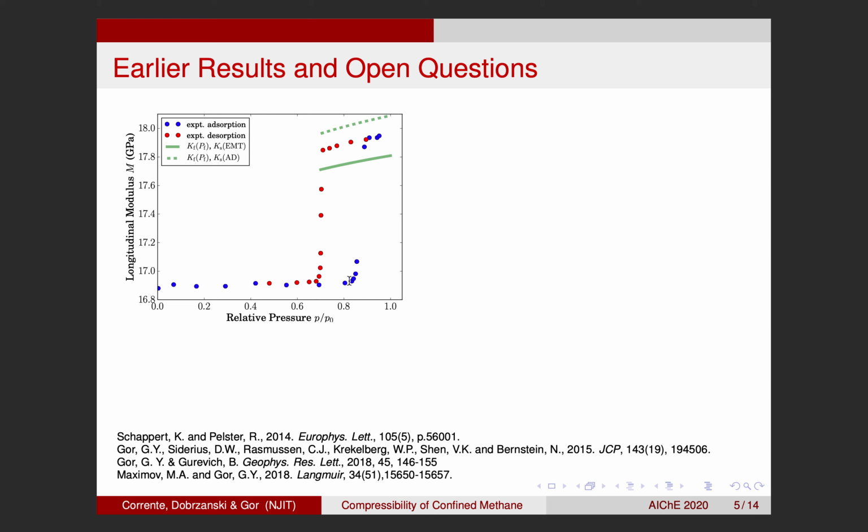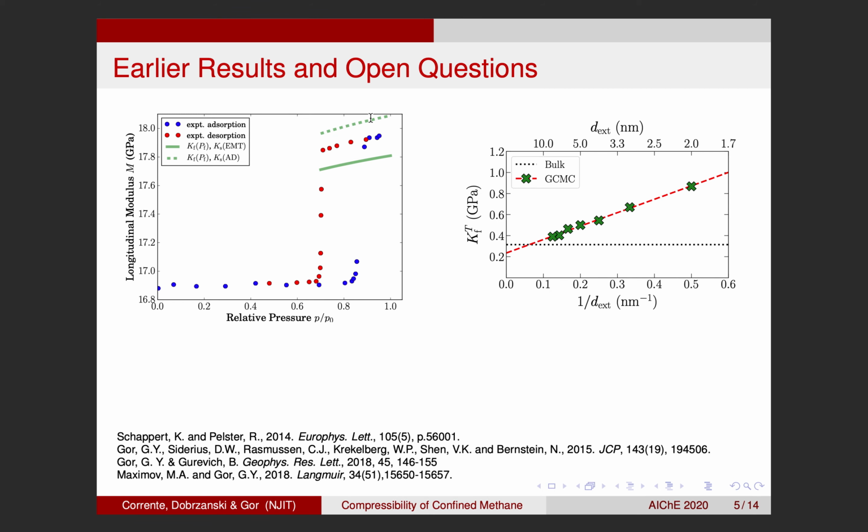Furthermore, we showed that from molecular modeling combined with the Gassmann equation, the equation for the elastic properties of the composite, we can predict the modulus of the fluid saturated Vycor sample quite close to experimental data. These two lines are the results of our calculations using two sets of slightly different parameters.